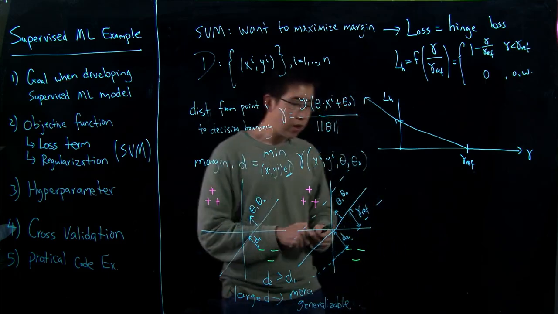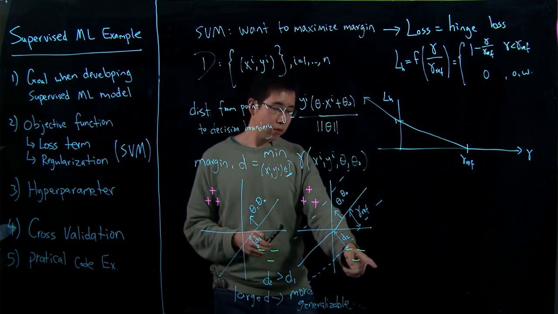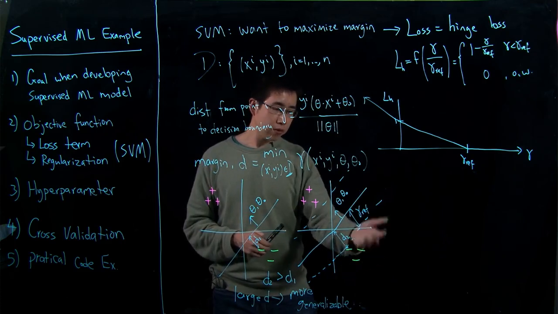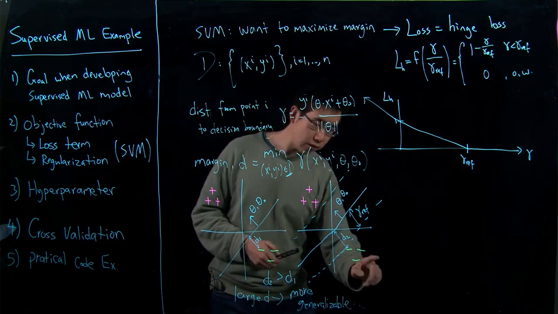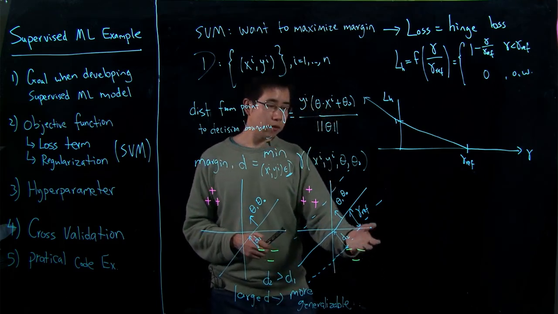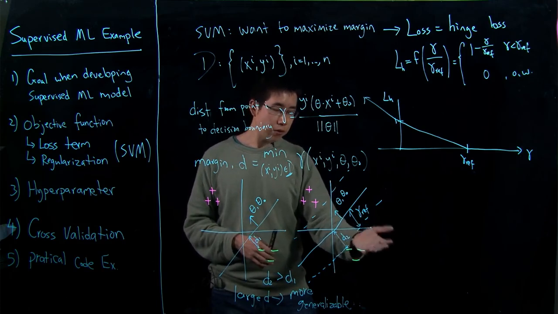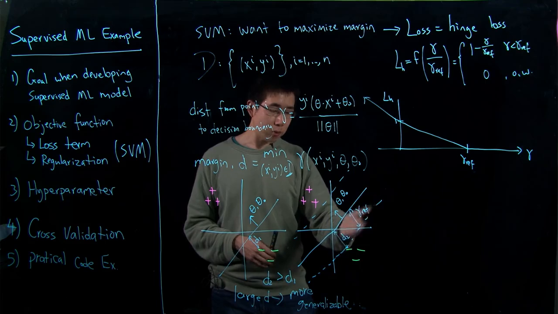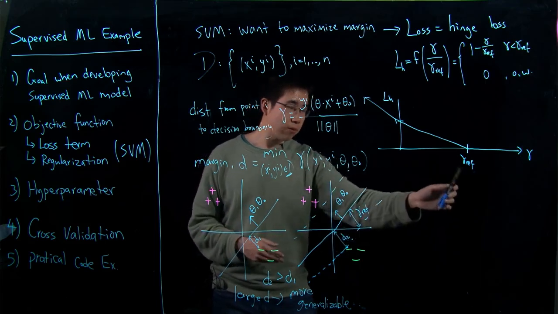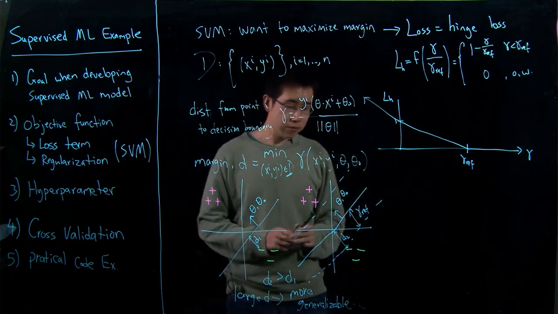And we see that if we have a point out here where gamma is greater than gamma ref, then let's say a negative label point here, then the classification of that point is correct, and is outside of the support vectors. So gamma is greater than gamma ref, and we incur 0 loss.